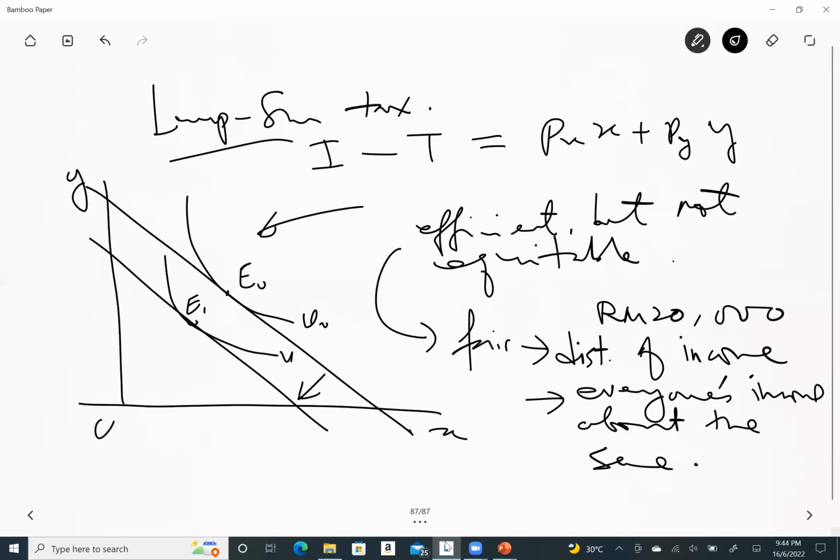So the distribution of income is very good, that economy where everybody earns about the same amount. I don't know which system is having that one.